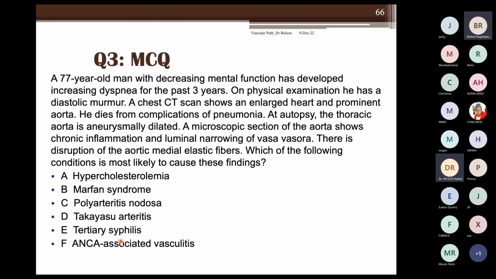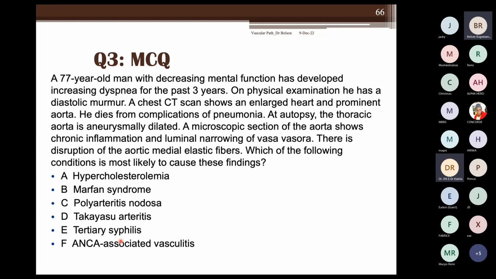So a 77-year-old man with decreasing mental function has developed increasing dyspnea for the past 3 years. So it is a long-standing. On physical examination, he has a diastolic murmur, not a systolic. So icyo bivuga iki? Ariko ntibatubwiye niba ari kuri mitral valve area cyangwa niba ari kuri tricuspid valve area.